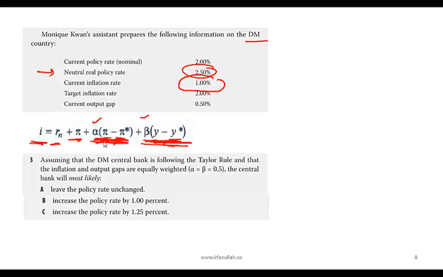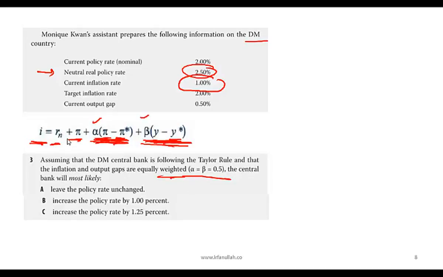In our example, and in most examples in the curriculum, these two are set to 0.5 and 0.5, which means that there is equal weightage. So this will be given to you if you get a question like this on the exam. So assuming the central bank is following the Taylor rule and that the inflation and output gaps are equally weighted, the central bank will most likely do what?